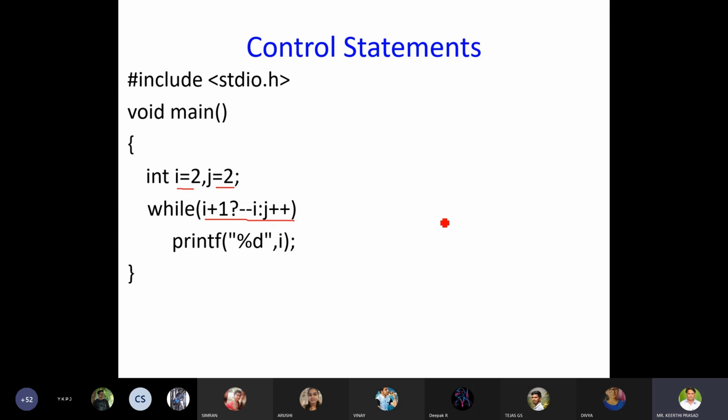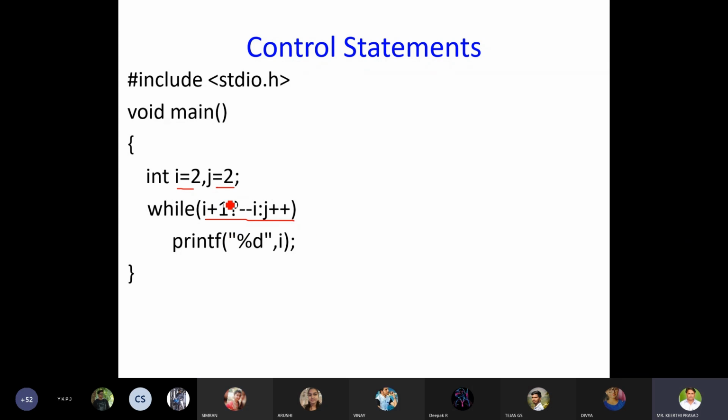What happens here? What type of statement is it? Conditional operator, or ternary operator.